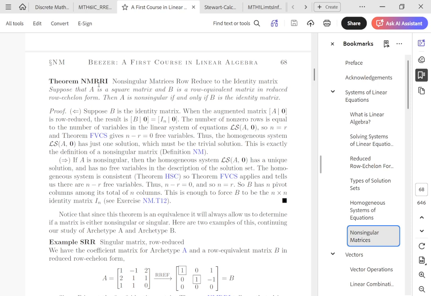Again, we start with our assumptions: A is a square matrix, and B is a row equivalent matrix in reduced row echelon form. Row equivalent means we perform valid row operations on A to get the matrix B. Our theorem then states that A is non-singular if and only if B is the identity matrix. Let's parse through that theorem.